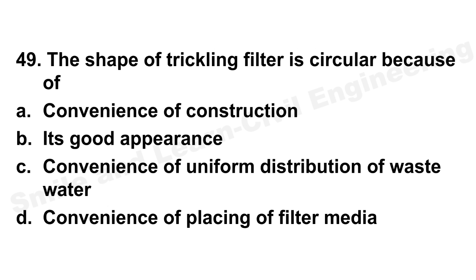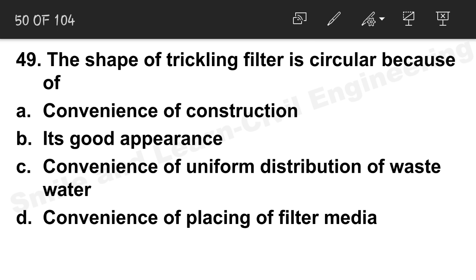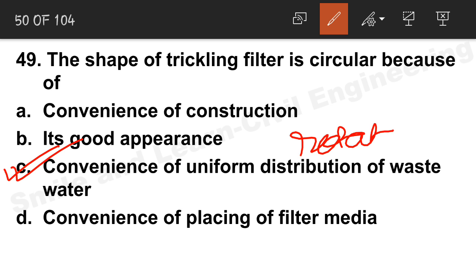Question number 49. The shape of trickling filter is circular. Why is the shape of trickling filter circular? So that it can distribute the wastewater uniformly. Okay, because it always rotates the material.